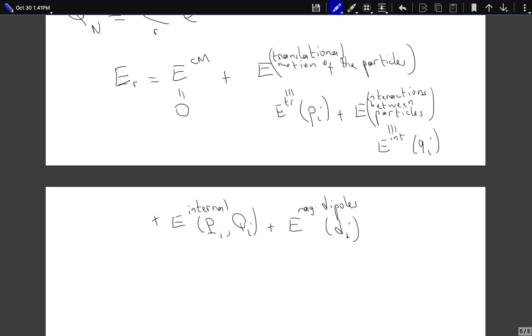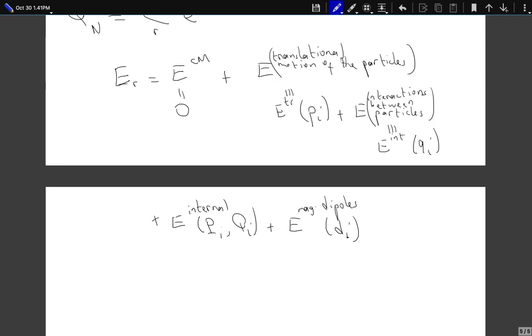I'm not writing the external field explicitly. Depending on your system, you can divide these degrees of freedom into more refined pieces, if you like. You can add more terms, but the idea is you have these generalized coordinates, and the total energy of the system will, most of the time, be just the sum of these terms.